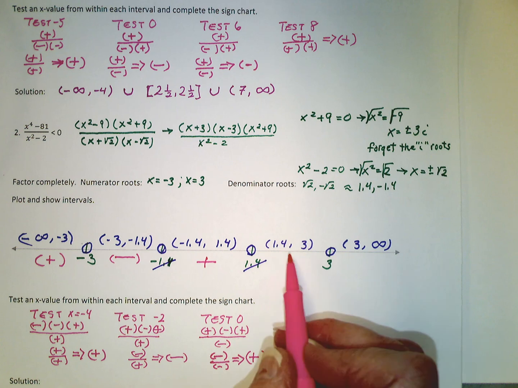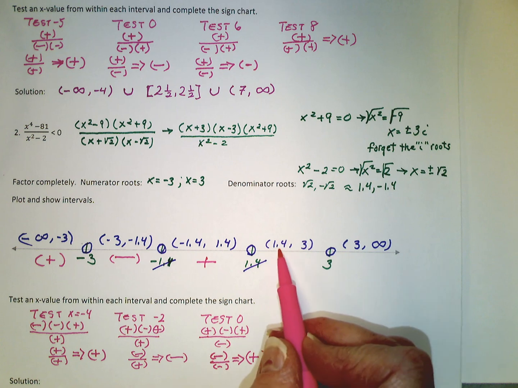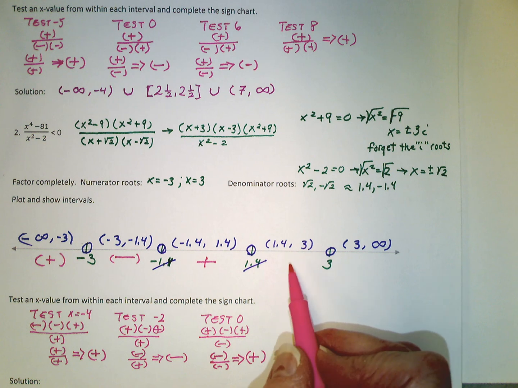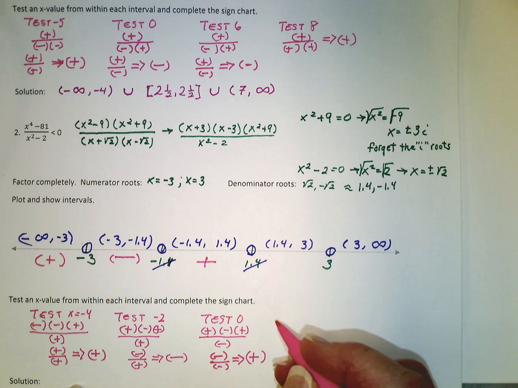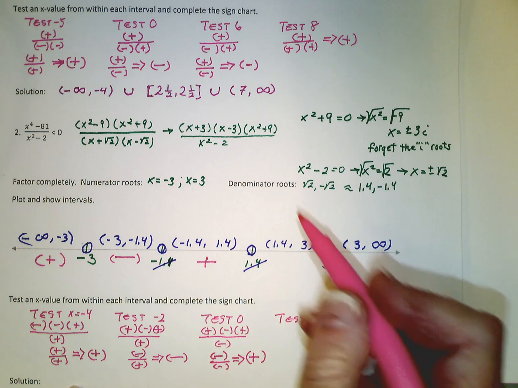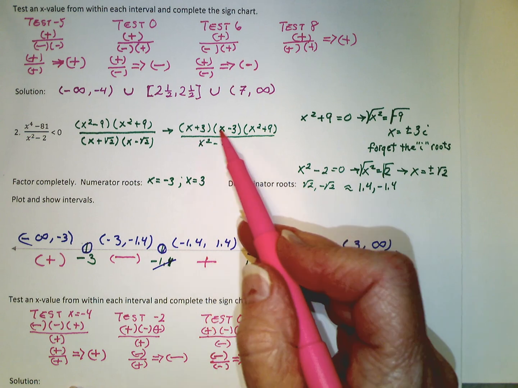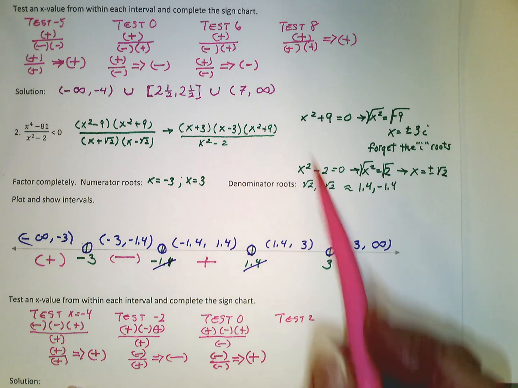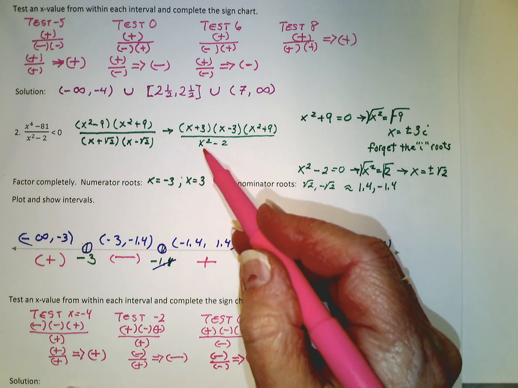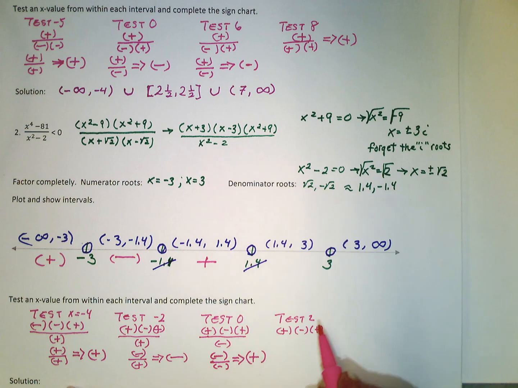Whew, 2 left. A number between 1.4 and 3, I'm going to pick 2. Positive, negative, positive. Put a 2 down here, that's going to give us 4.